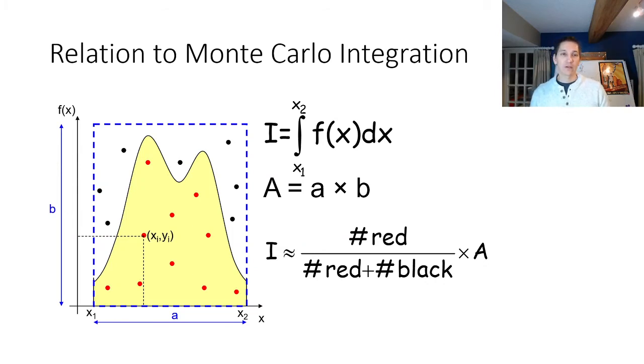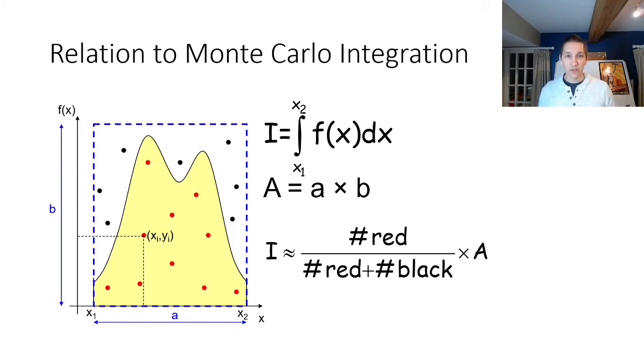So some of you may have studied Monte Carlo integration in the past. This is a very effective way for computing high-dimensional integrals. These high-dimensional integrals are hard to solve exactly, and they're also hard to solve using grids because of the curse of dimensionality. So instead, what you can do is define some domain, sample points within the domain, and if these points are underneath the curve, then you can approximate the area under the curve by a ratio of the number of points that lie underneath the curve divided by the total number of sample points times the overall area of integration.